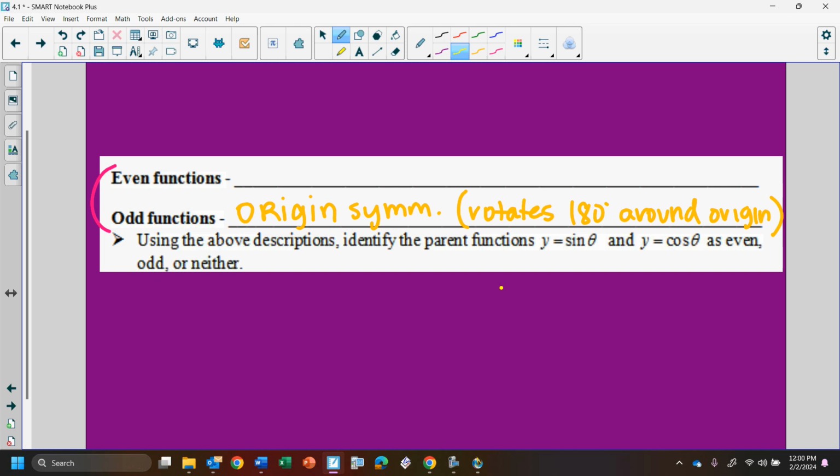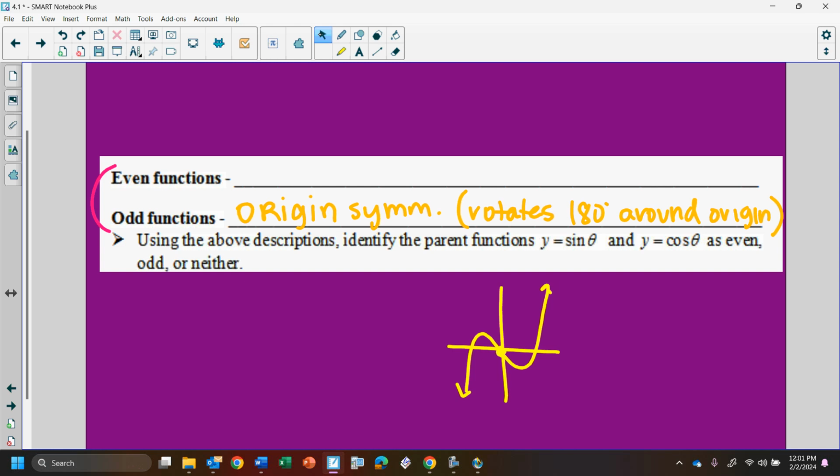If you want to put a picture to that, a good example is an x cubed. That has to cross through the origin, and the bumps on both sides have to be the same. So it has to be as much up as it is down. Has to go through the origin there.